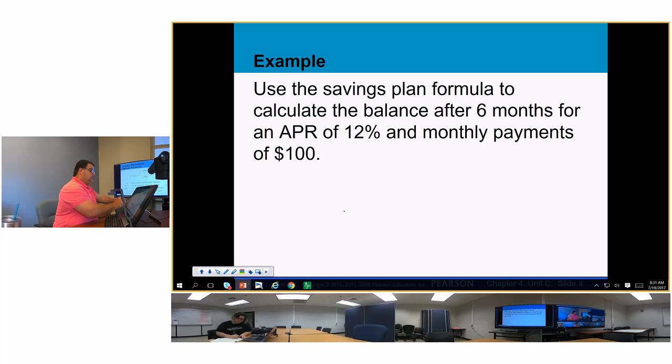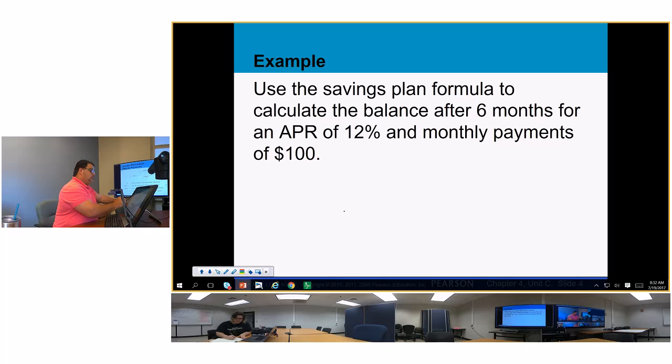Okay, the balance after 6 months for R is equal to 0.12, and monthly payments, N is equal to 12, and of $100.